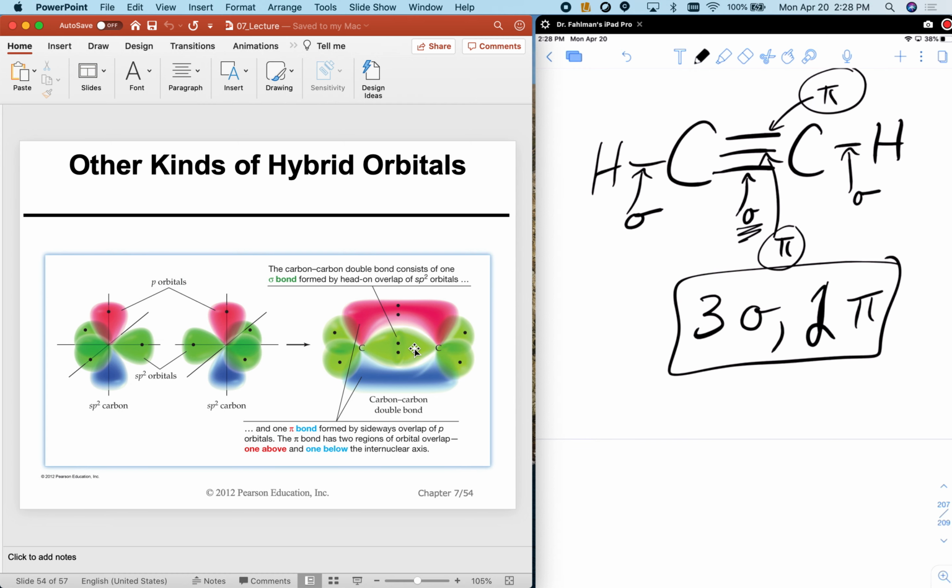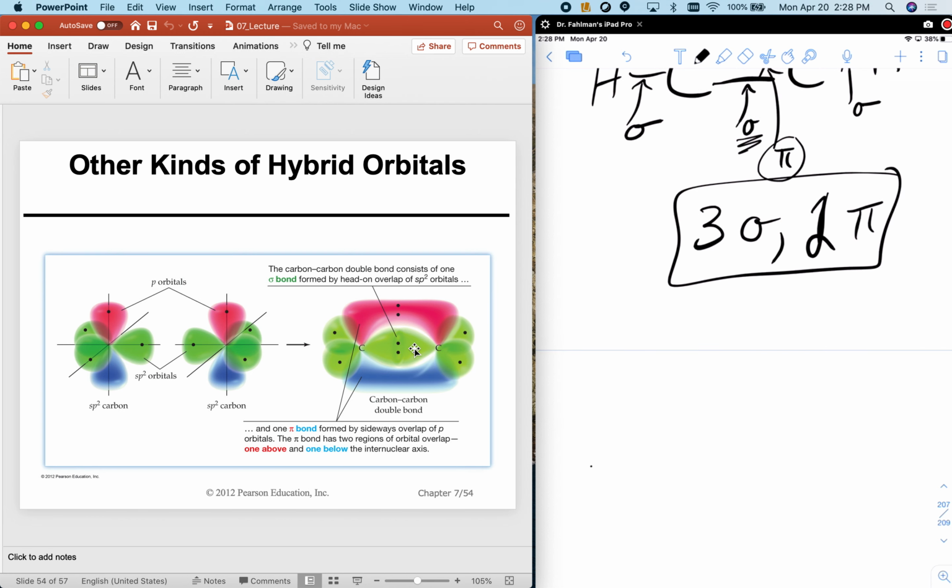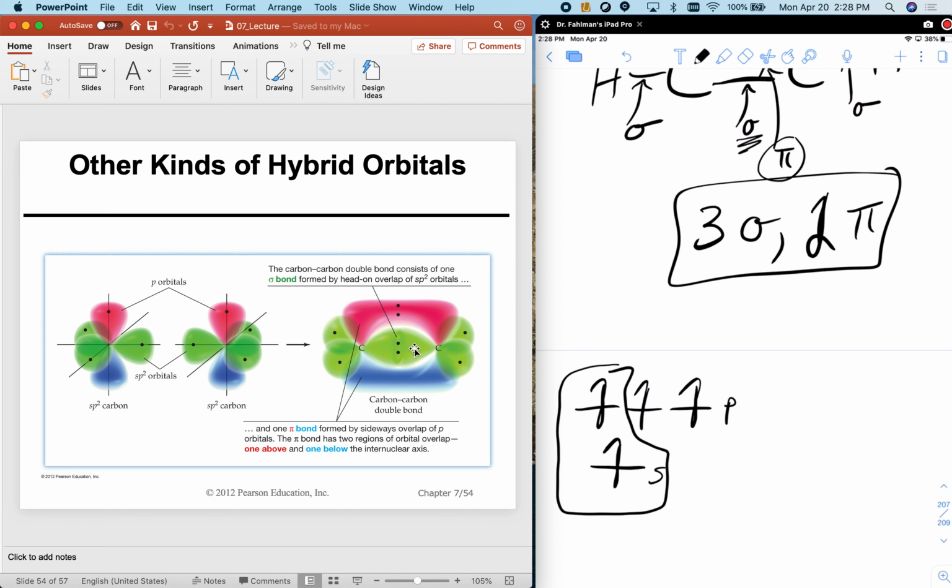Okay, so let's look at this example where there's a triple bond. Again, if we look at that excited state, we'll just start from there. You can just overlap these, where that's your s and these are your p orbitals.